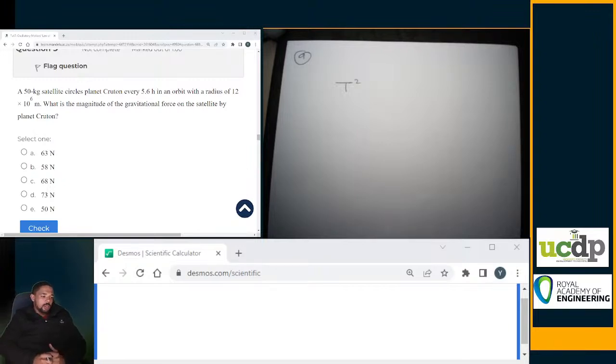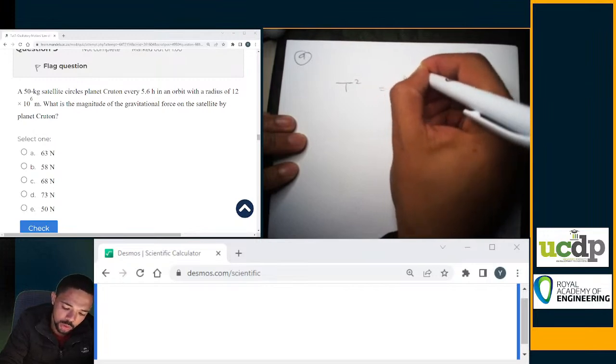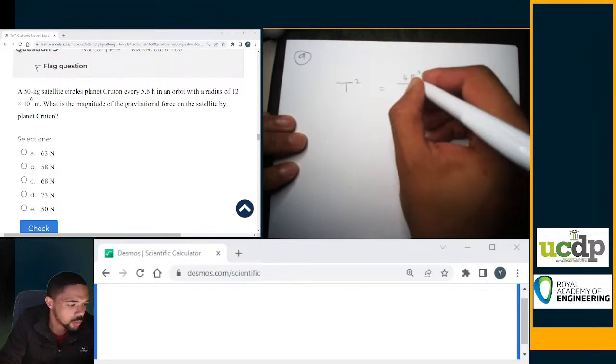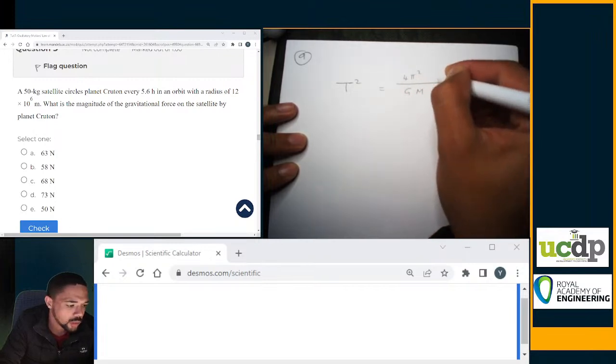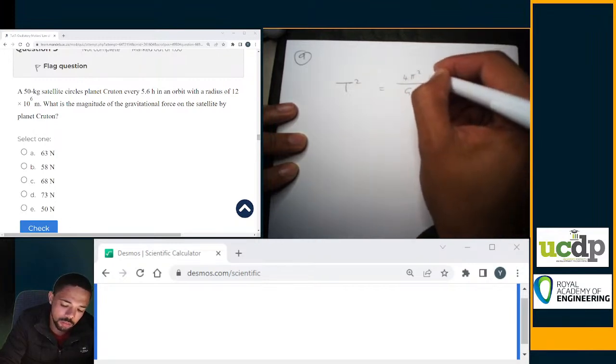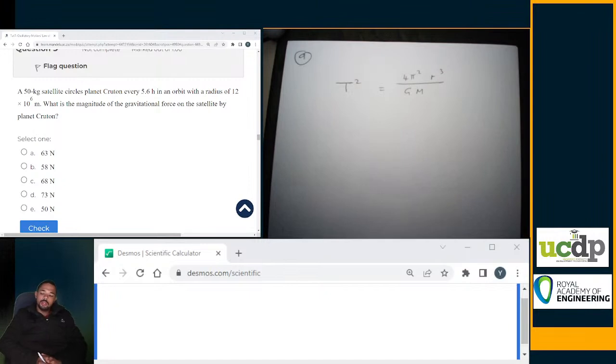So the square of the period is equal to 4 pi squared over the gravitational constant times the mass times the distance r, or the radius cubed. That is Kepler's third law.